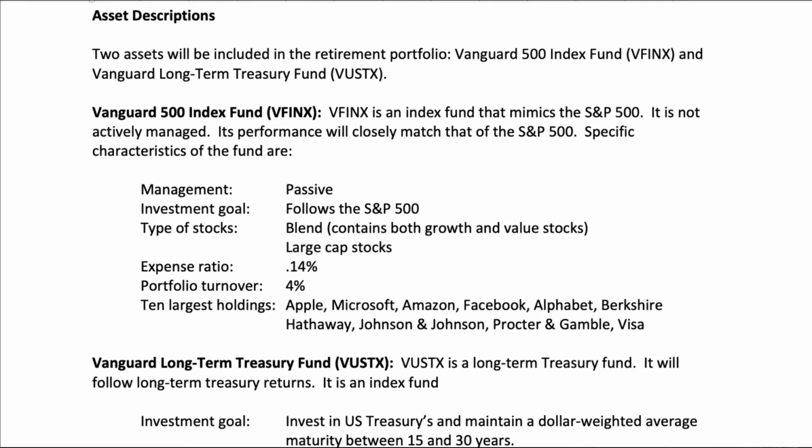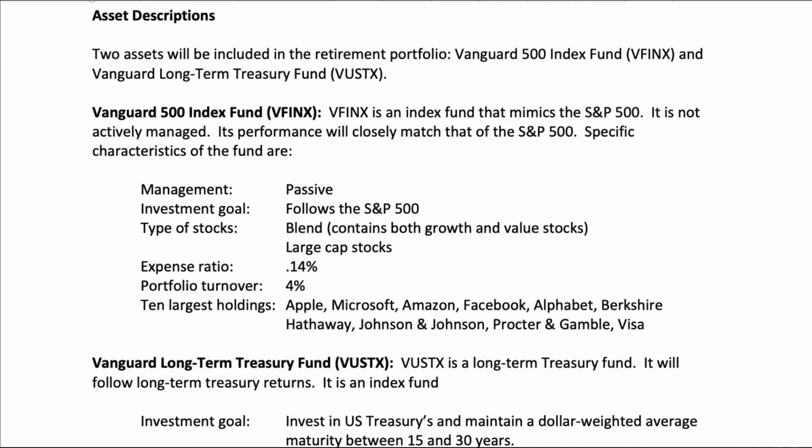Again, looking down this, you should be looking at the fund characteristics sheet and answering all those questions that are in there. I also included the 10 largest holdings. I like to see that, even though in this case it's just the 10 largest holdings in the S&P 500. Again, we can get all this information from Yahoo Finance.